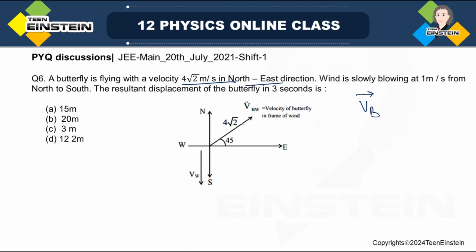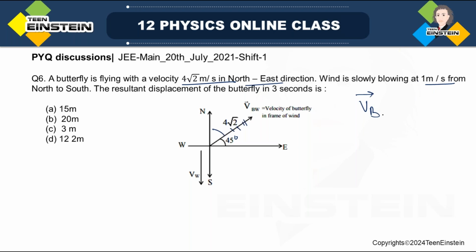You can see this is the northeast direction, which makes an angle 45 degree with the east, and similarly 45 degree with the north also. And wind is slowly blowing at 1 meter per second.